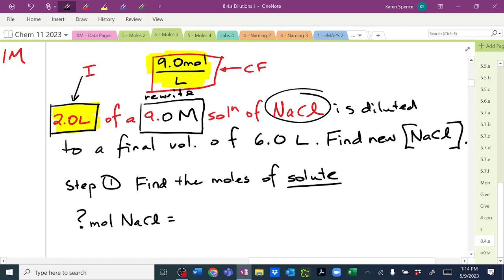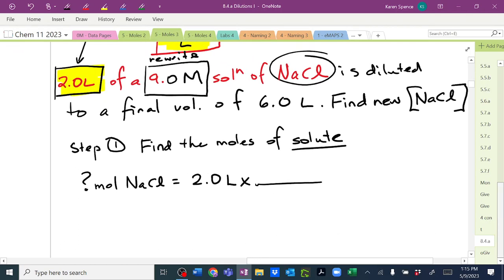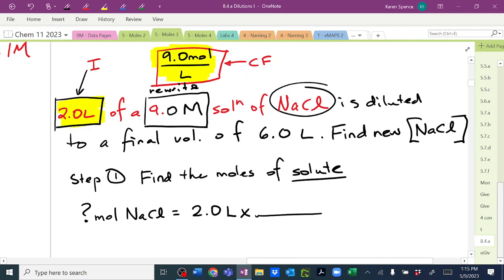So my unknown, the moles of NaCl, is equal to my initial quantity, 2.0 liters, times the conversion factor. What should I be writing in here? Should I be just going right away and writing 9.0 moles per liter, or should I think a little bit first? I should think, where do my units go?